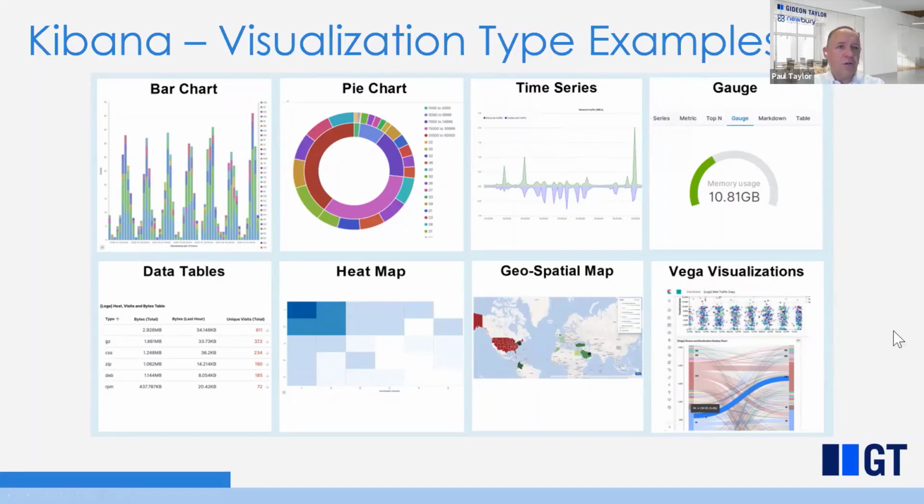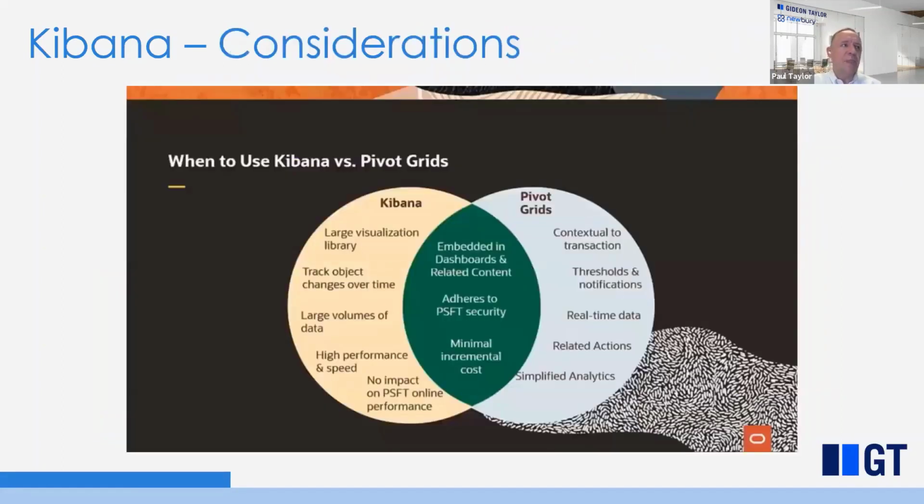Geospatial, you can always be thinking about, all right, well, where are my invoices coming from? Where are my customers? Where are my employees right now? Where are their hometowns? How does that change over time? All sorts of ways that you can get actionable information out of your PeopleSoft system.